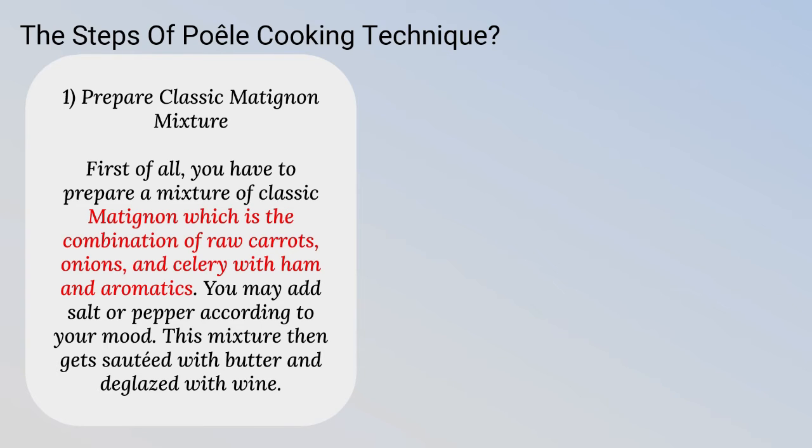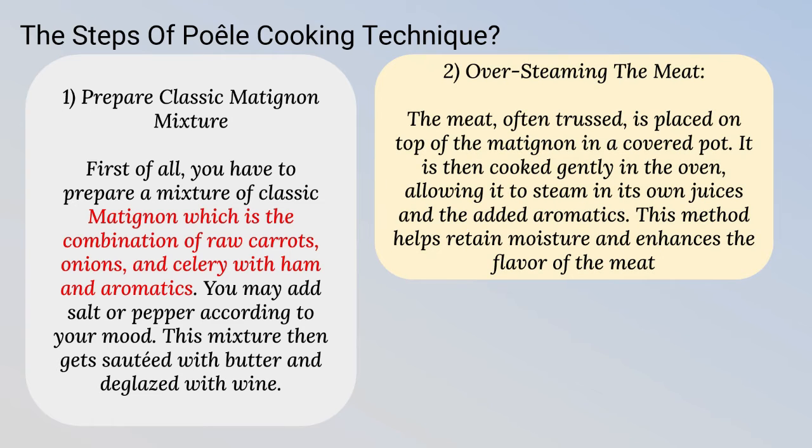Okay, fine. Step 2, oversteaming the meat. The meat, often trussed, is placed on top of the matignon in a covered pot. Trussing, you know, is tying up the meat with a kitchen thread so that during the cooking time it is not getting deformed.